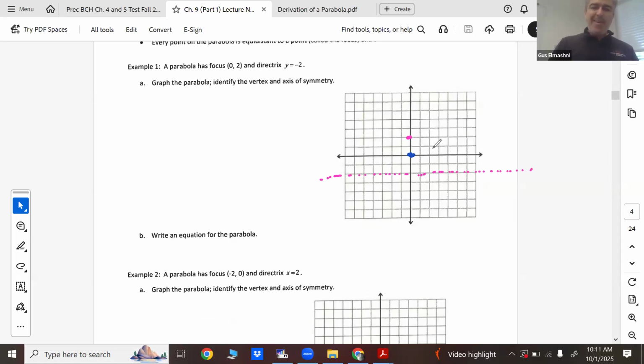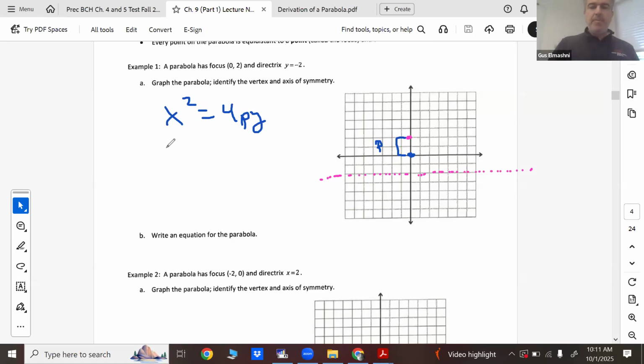It's really hard to tell how you're going to draw it. But here's the thing. This distance here, we call p. And I already showed you the formula.